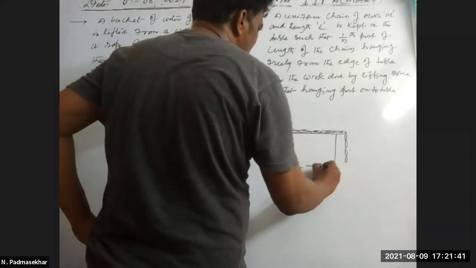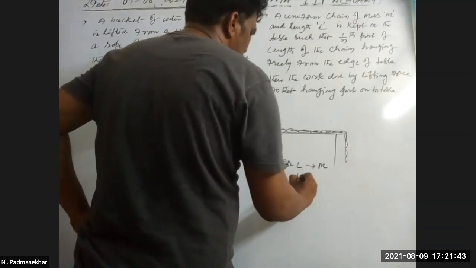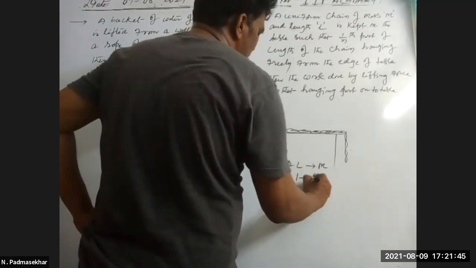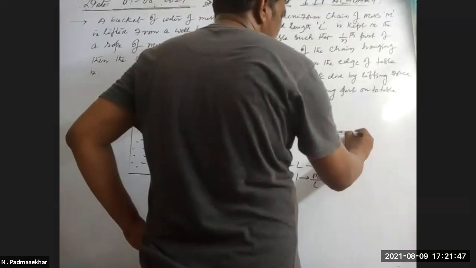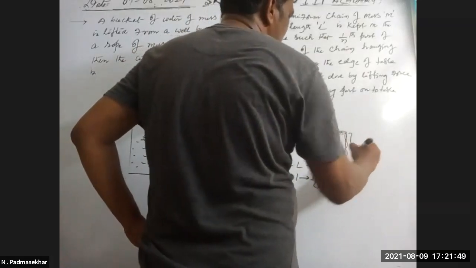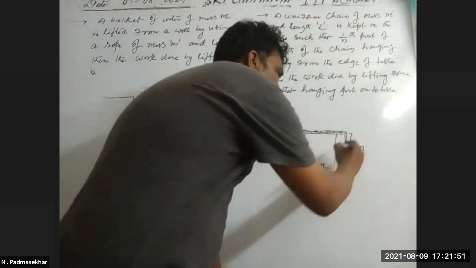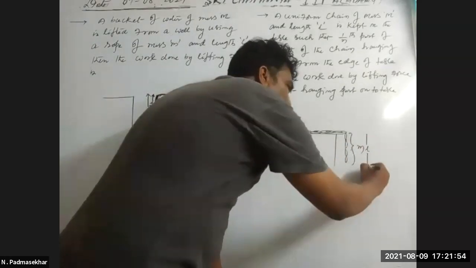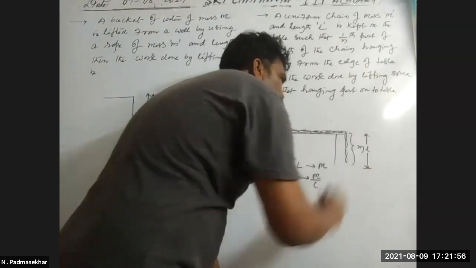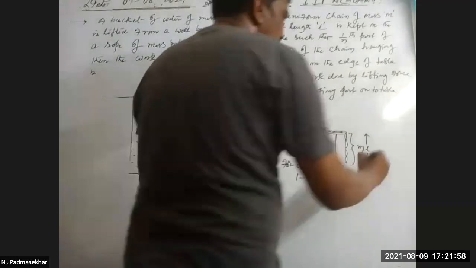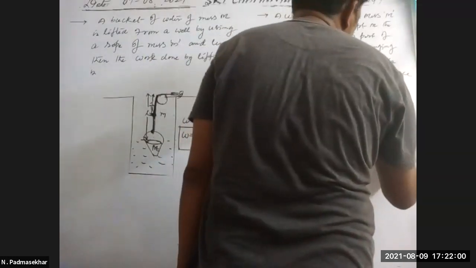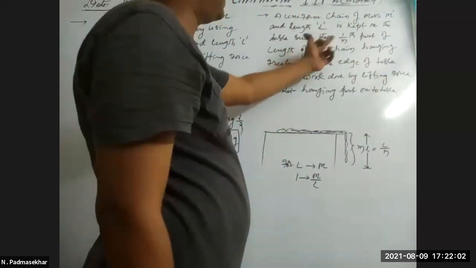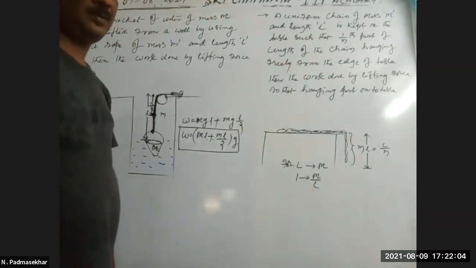So what is it for L length? For L length, the mass of the chain is M. Per unit length, what is the mass of the chain? M by L. ఈ హ్యాంగింగ్ పార్ట్ మాస్ స్మాల్ m అంటారు అండ్ దీని లెంగ్త్ స్మాల్ l అంటారు. ఓకే. So small l is equal to what? Capital L by n, because 1 by nth part of length of the chain.